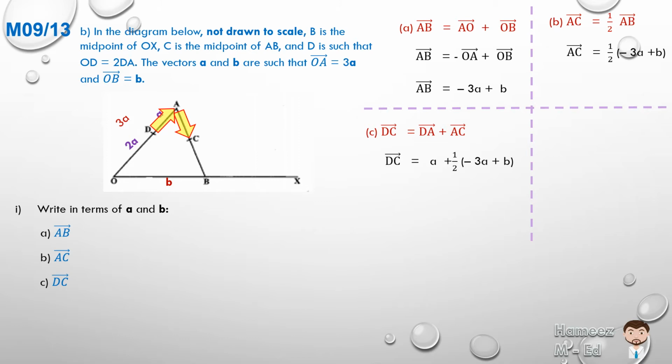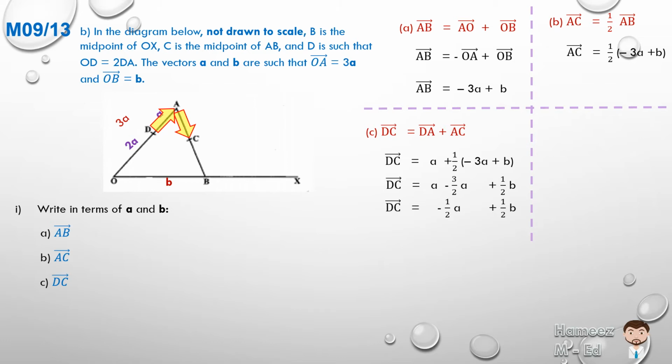So we have a plus a half times minus 3a. A half times minus 3a is minus 3 on 2 a. So 1a plus minus 3 on 2 a is minus a half a. You can use a calculator and work this out because this is in the paper too. So let me show you how to, let's repeat that. We have 1a plus a half times minus 3. And that will give us minus a half a plus a half b.